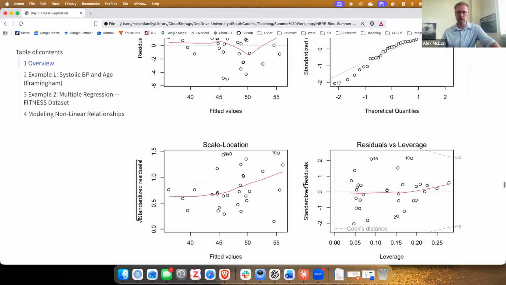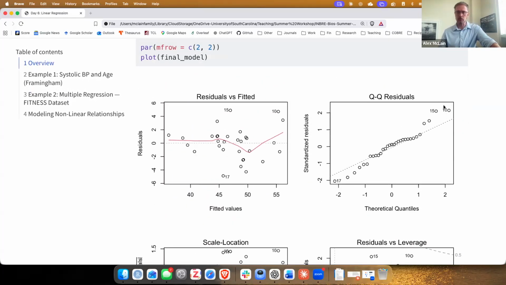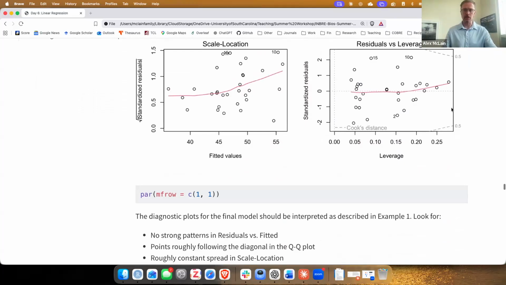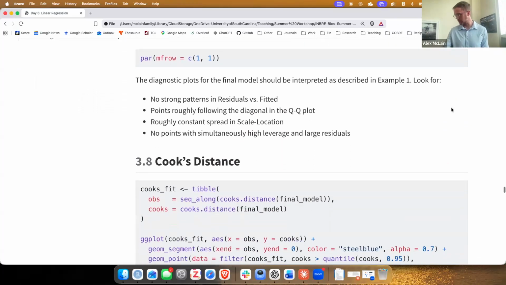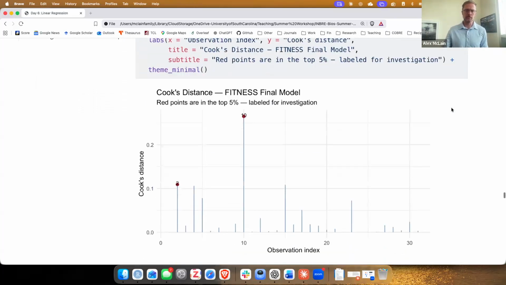This is the person that's person 10. We can see that they have the largest residual. Their residual is positive. That means that their VO2 max is higher than we think based on the rest of the data. So there could be a number of reasons why that is the case.